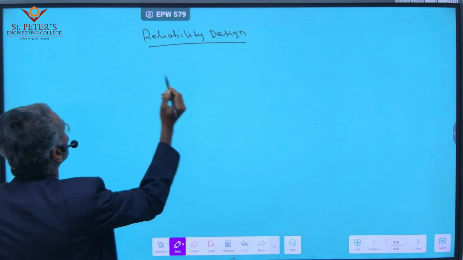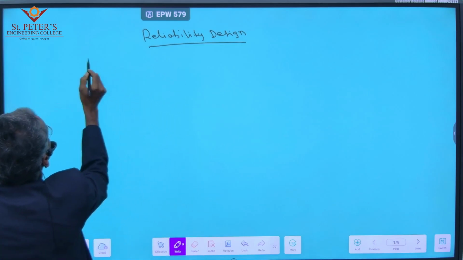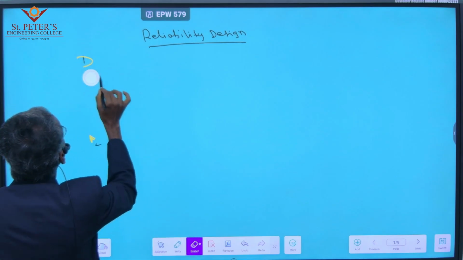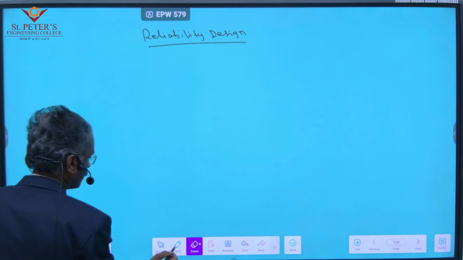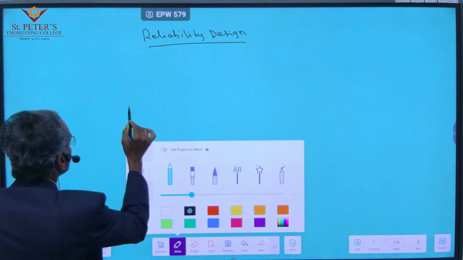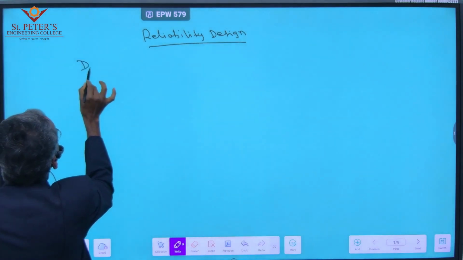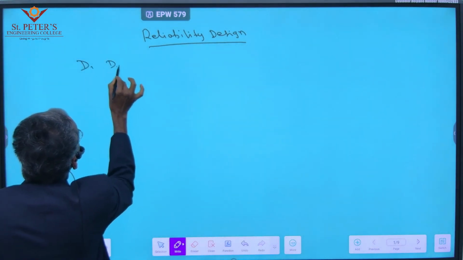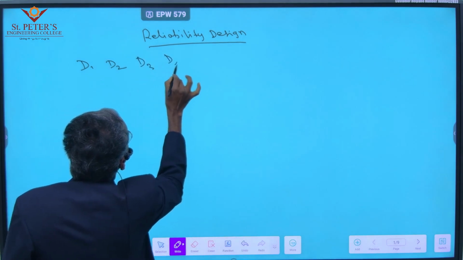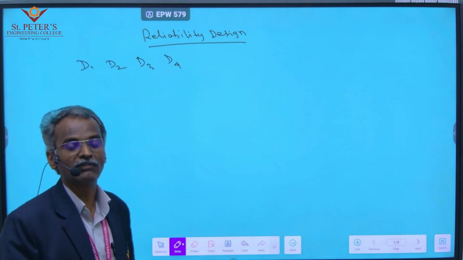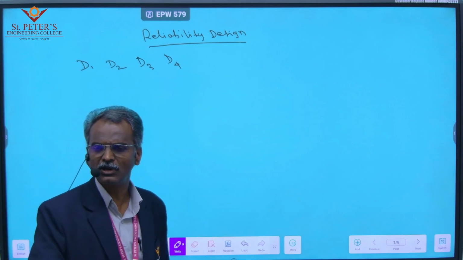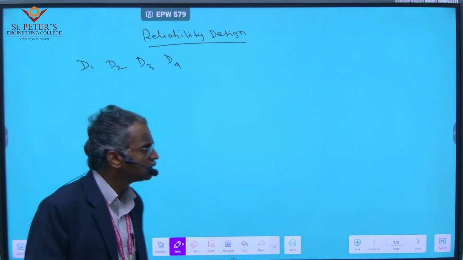Let us assume that we have a system, the studio, that has device 1, device 2, device 3, device 4. So we have 4 devices, like writing material, board, lights, camera, battery, everything.